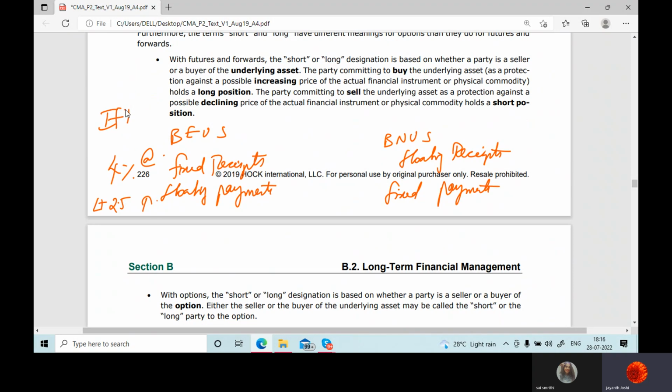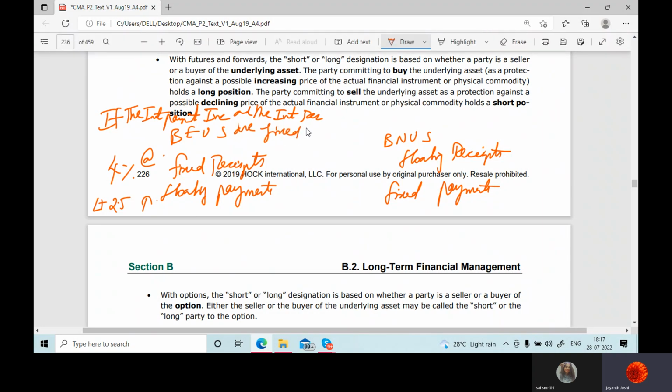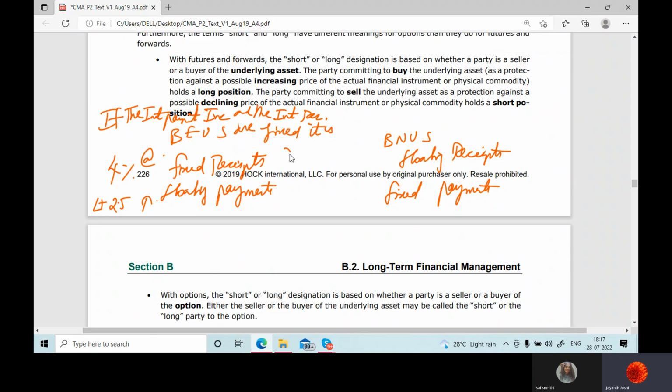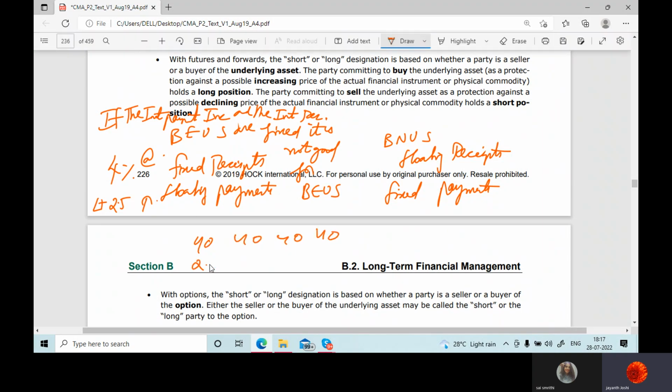If the interest payments increase and the interest receipts are fixed, it is not good for BEUS.